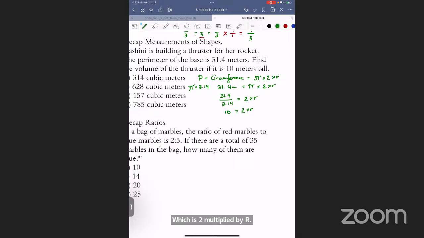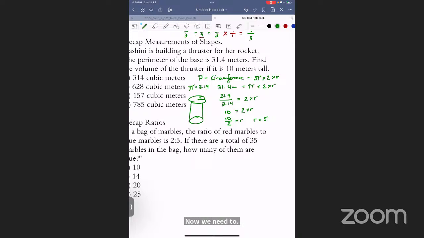And if I move the 2 across, it becomes 10 divided by 2 is equal to r. Radius is equal to 5. So far, so good. We know that the radius of this rocket ship is 5.